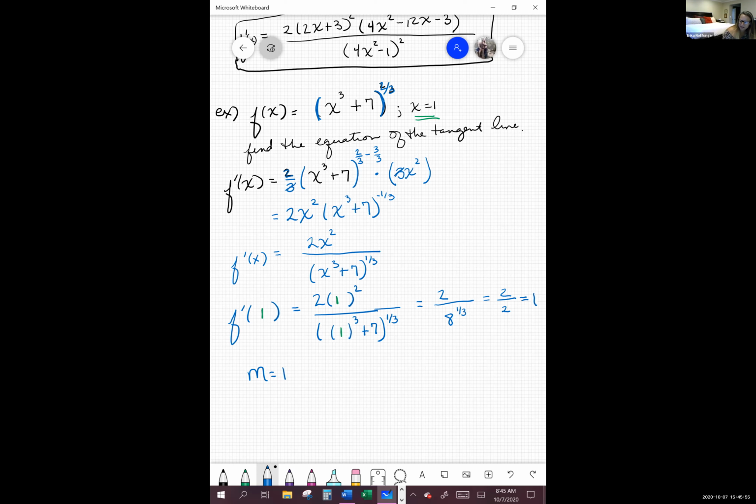But in order to find an equation of a line, we need a point. And we can find that point by plugging in our 1 wherever we see an x in our original function. So this is equal to our original function, parentheses, I see an x, I'm going to put parentheses there, cubed, plus 7, all raised to the 2/3 power.